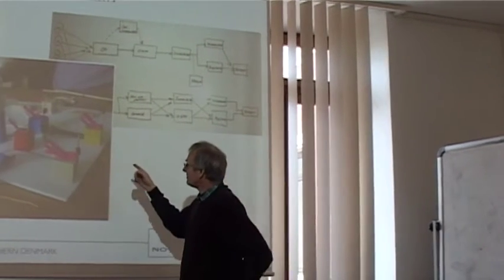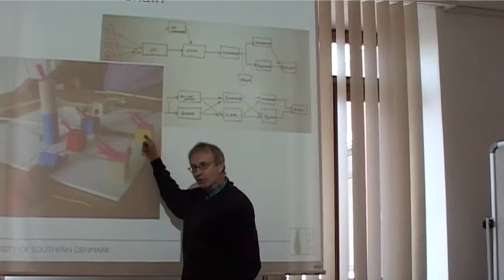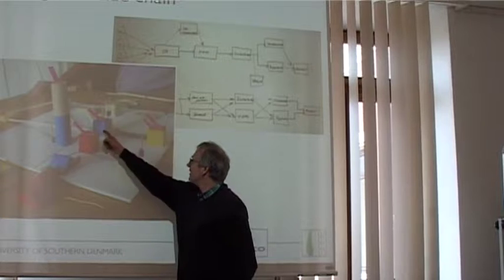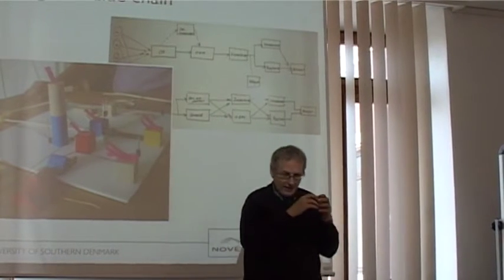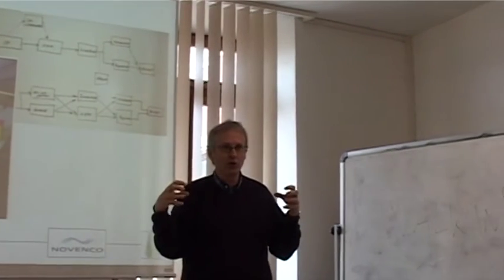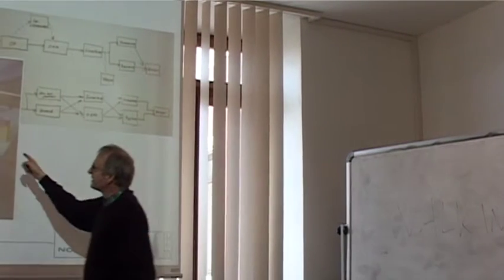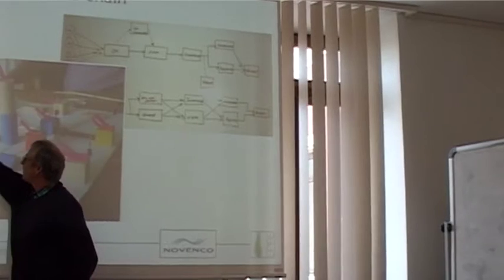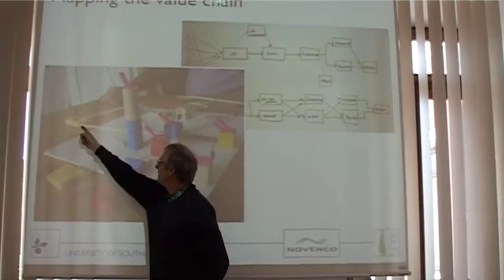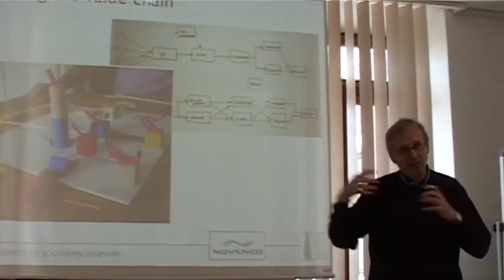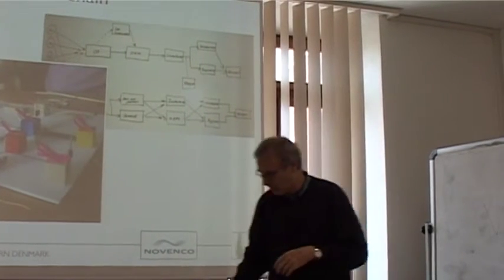So this is a company, Novenco, this is a sub-supplier, and they choose a heavy metal bolt to show that these are really related. Whereas here there's another actor out there who's a sponge, and there's a straw, so you can imagine there's a completely different story there about how they relate to each other.